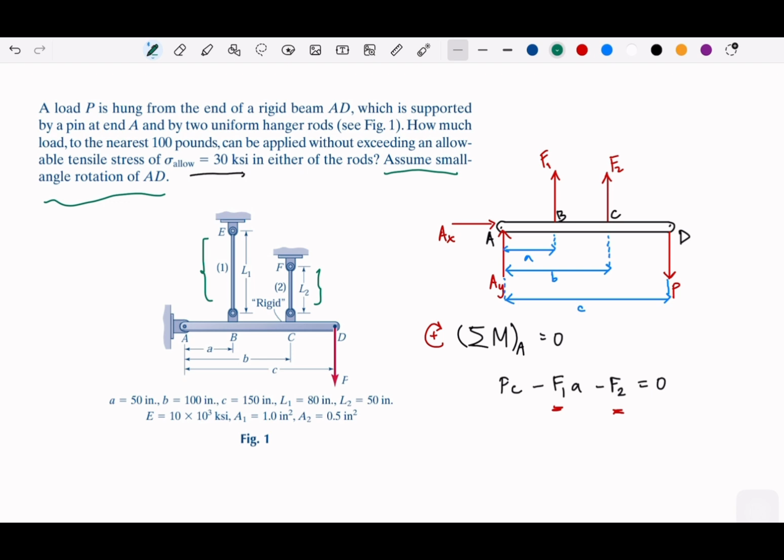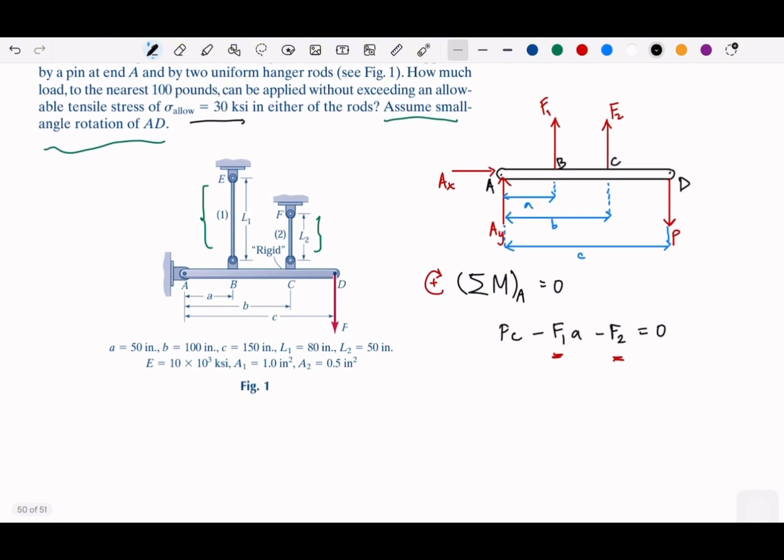Okay, so well, the question should give you some information about that, but let me just assume that this will be going to extend. So we are going to see that we are going to have additional elongation. So elongation at 1, which is F1, L1, A1, and E1, and elongation 2.